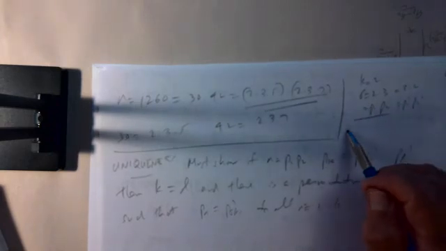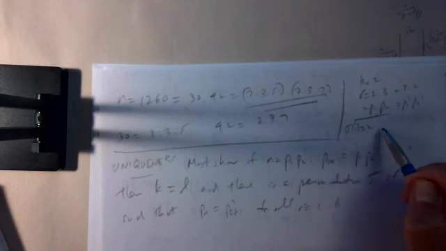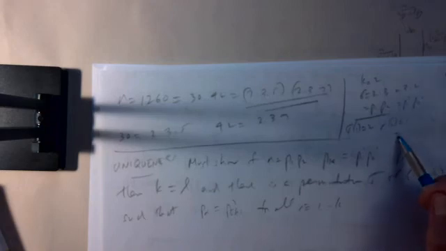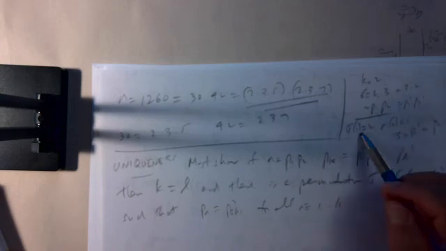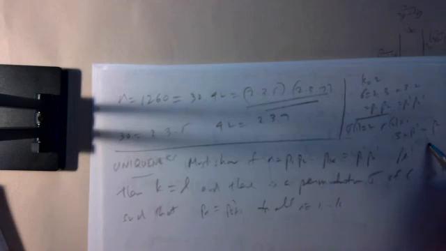If you let sigma of 1 be 2 and sigma of 2 be equal to 1, then 3, which is p1 prime, is equal to p2.